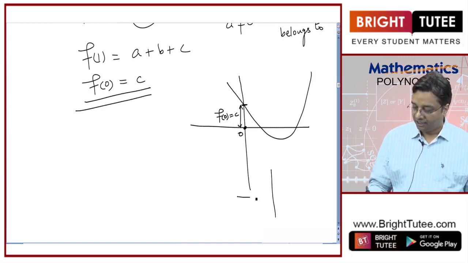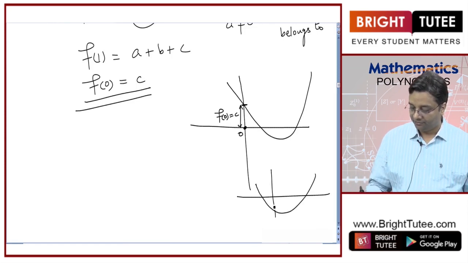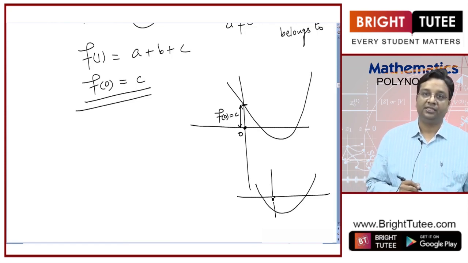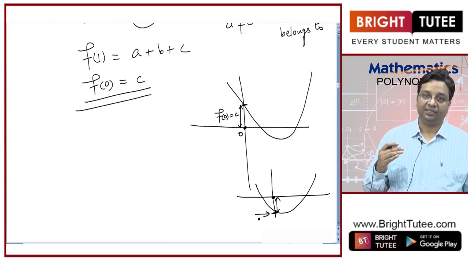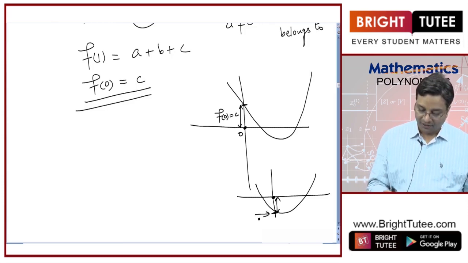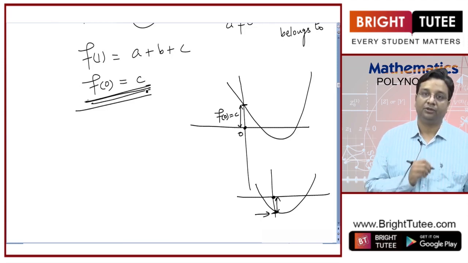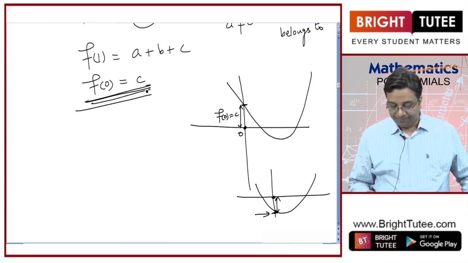If I give you a graph like this, and I ask you what is the sign of c here, you will say it is negative, because f of 0 is c and c is below the x-axis. So f of 0 is equal to c, okay?